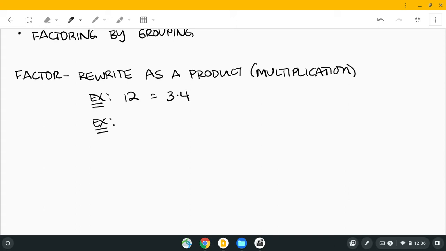Okay. If you have something like 6x minus 8, that's a subtraction problem, but you can rewrite this as a multiplication problem like this, so that if you multiply that out, that's a product. If you multiply this out, you would get the 6x minus 8.